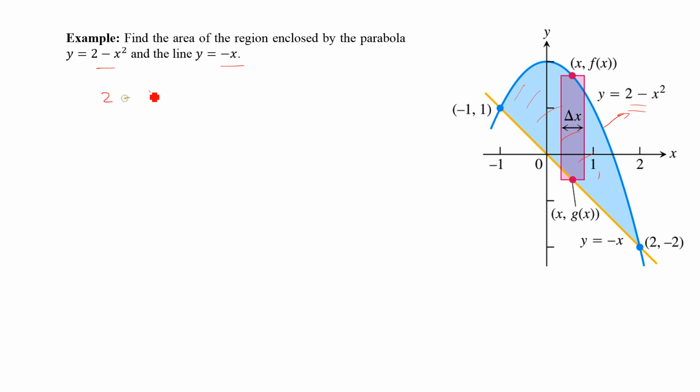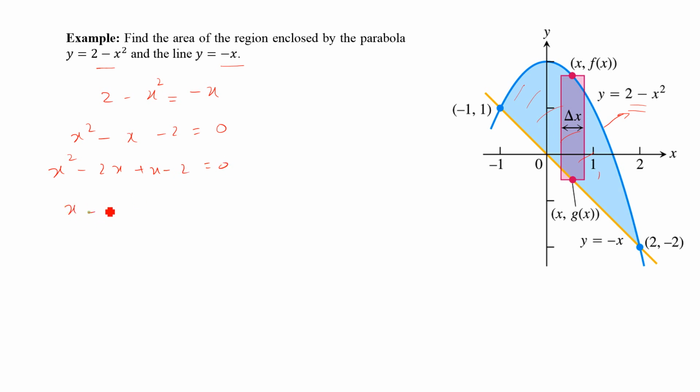So let 2 minus x squared be equal to minus x. So we have x squared minus x minus 2 equal to 0. So this is a quadratic equation and we can factorize it: x squared minus 2x plus x minus 2 equal to 0.